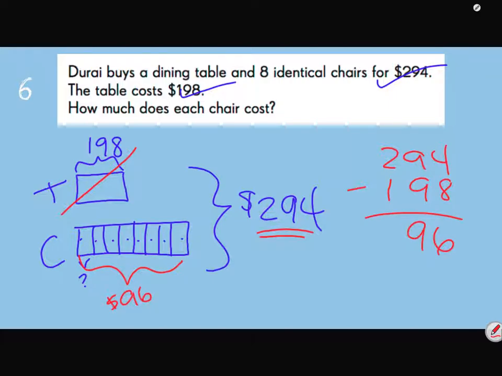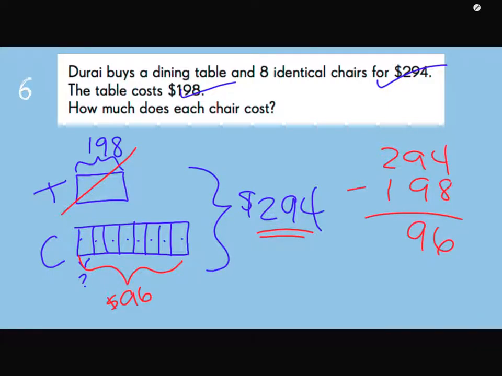Now, there are 8 of them, and they are all equal. So this is what we talked about when we did that 4 square the other day, and we were talking about what models show. I'm looking for a part, so I'm either subtracting or dividing. In this case, there are equal parts everywhere, which suggests division.